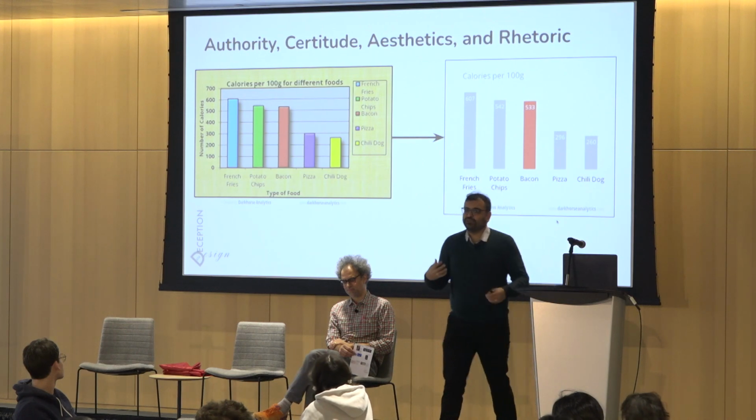right-hand side. And I would argue that if you look at these two charts side by side, already in your heads, you're probably coming to some conclusions about how seriously you should take the data, how proficient, professional, and qualified the person who made these visualizations was, right? You're making all of these what we're calling social readings of the visualization.